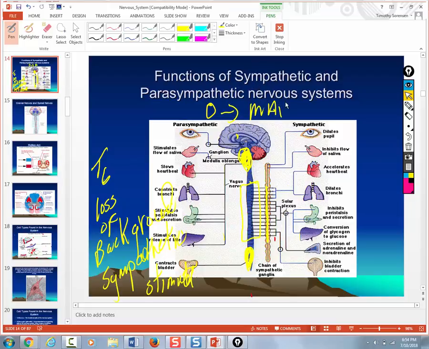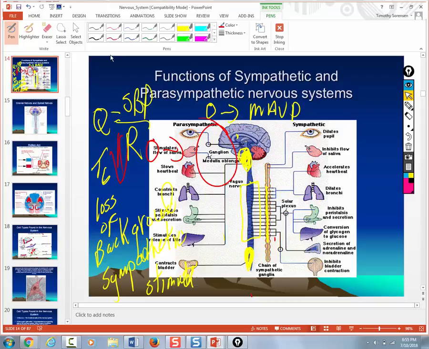And it will cause what? Massive arterial vasodilation. And according to Ohm's law, if all of the arteries dilate due to the loss of sympathetic tone, what happens to resistance to arterial blood flow?